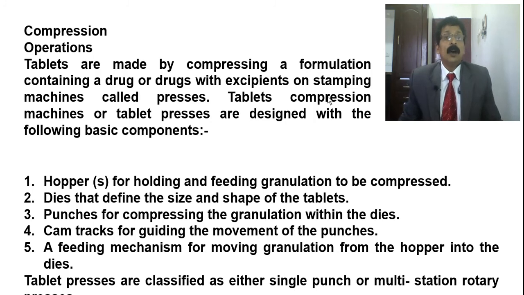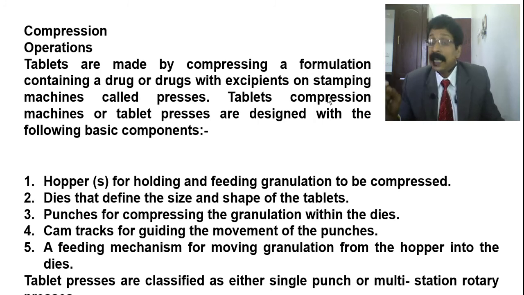So you see, the hopper is the first component, for holding the feed granulation to be compressed. The hopper is the place where it holds the granules. Dies define the size and shape of the tablet.